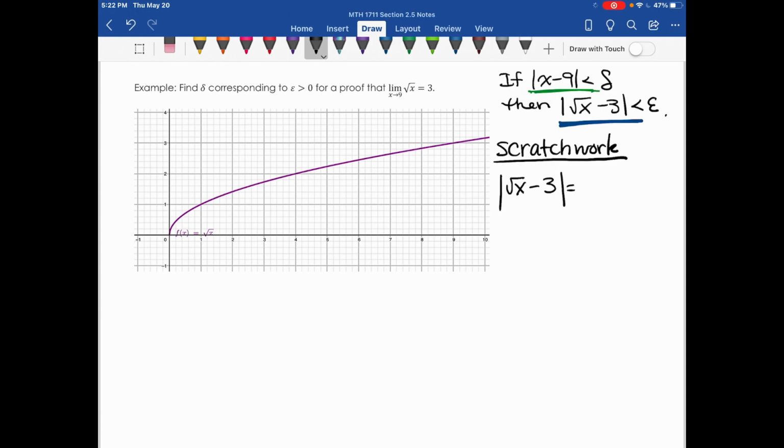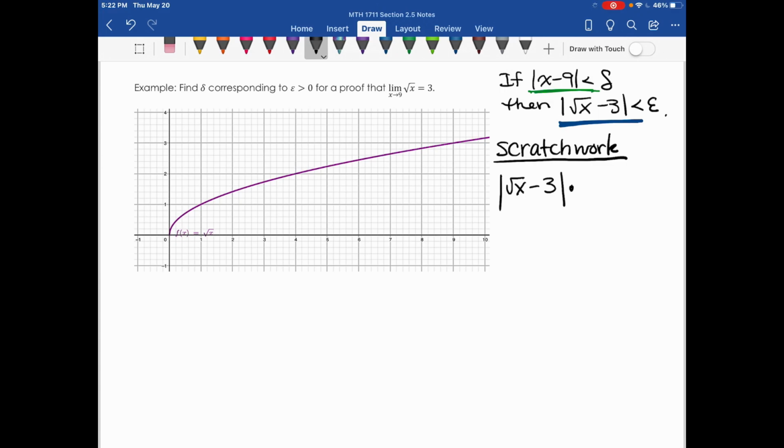Now, this is a little bit different. We have to use some past algebra skills to do some rearranging, because I want to rearrange it so that I get an absolute value of x minus 9 somehow so we can figure out what delta is. So what I'm going to do, actually, I'm not going to make that equals. I'm going to make this multiplication.